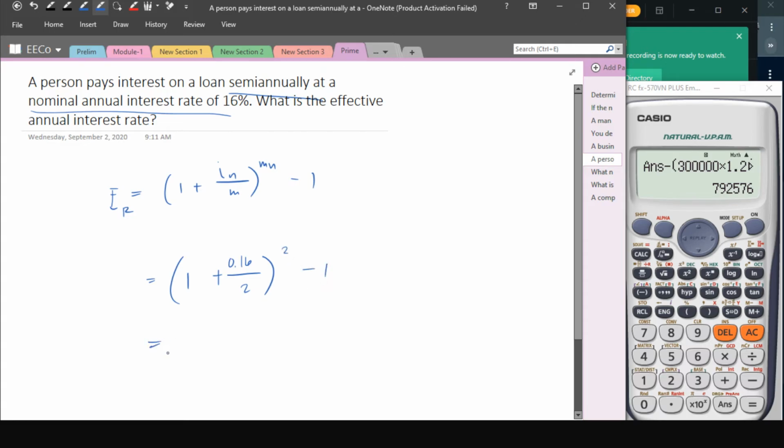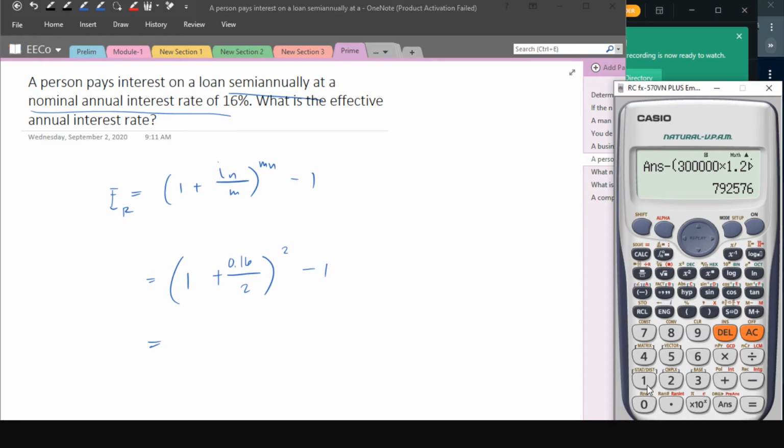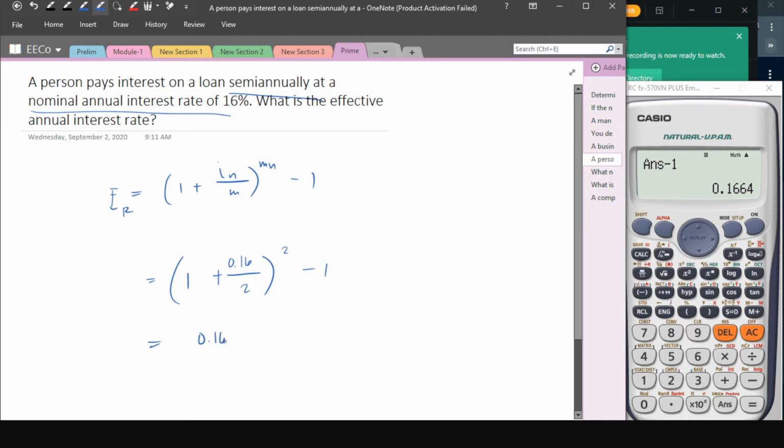The effective rate is 1 plus 0.16 divided by 2 raised to 2. The answer is 1 point, effective, minus pa yan. The answer is 0.1664. Approximately 16.64%.